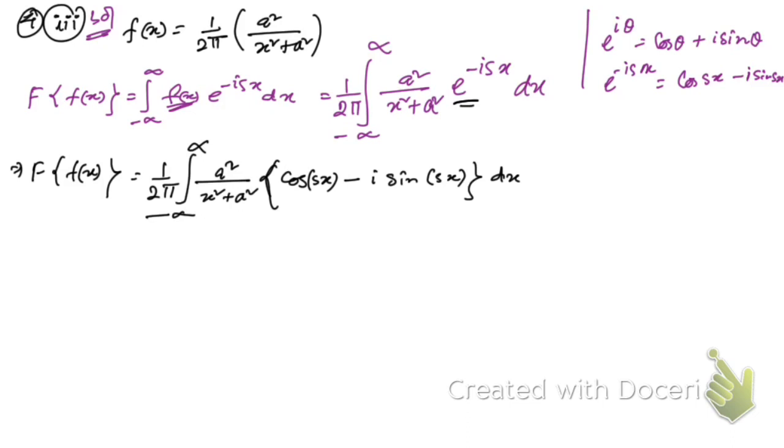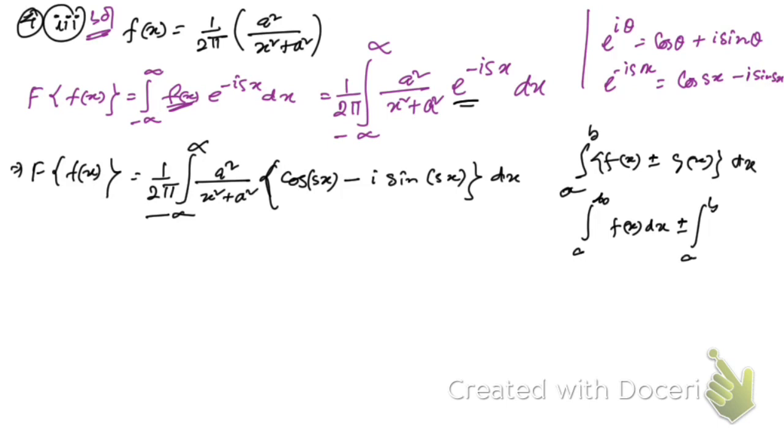Using the sum and difference property of integration, integration from a to b of f of x plus or minus g of x dx, we can write this as integration a to b f of x dx plus or minus integration again a to b g of x dx, right?